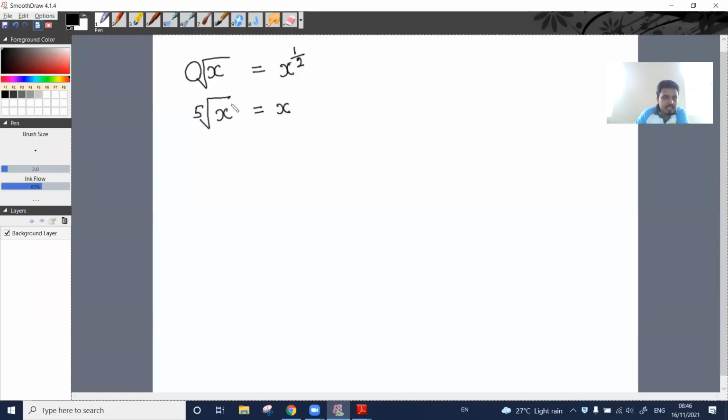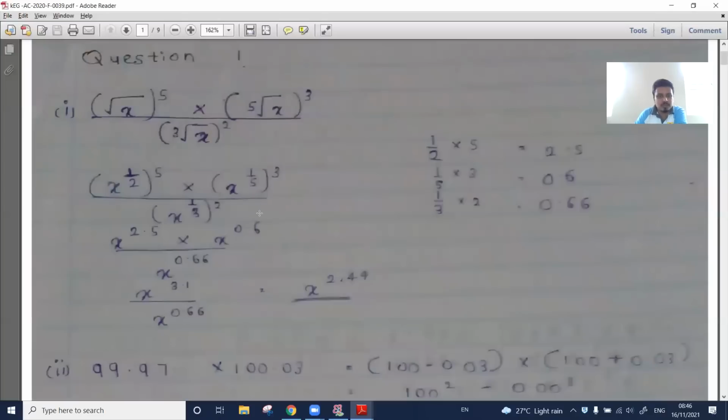What is the power value inside? That is again 1. Written nothing here means the power value is 1. Over, now what is the root value outside? 5. So it should be x to the power 1 over 5.